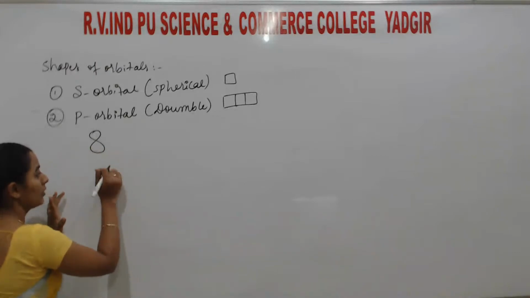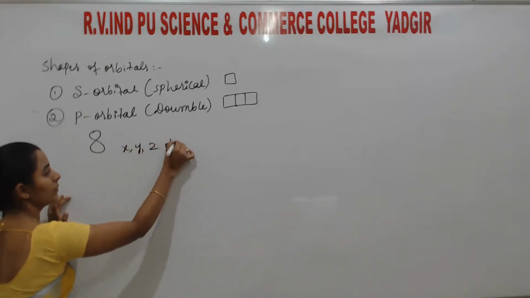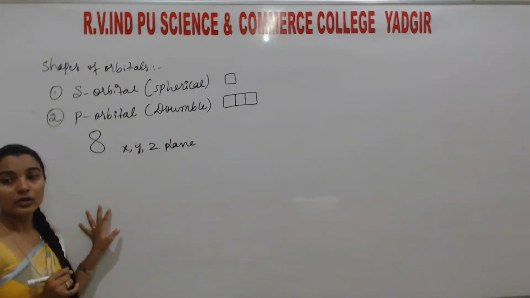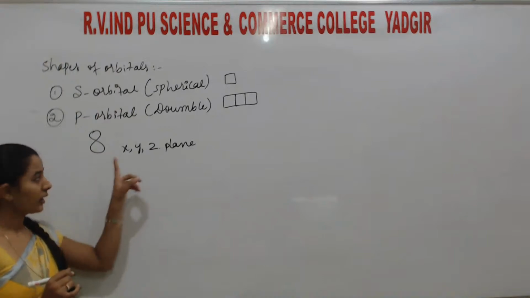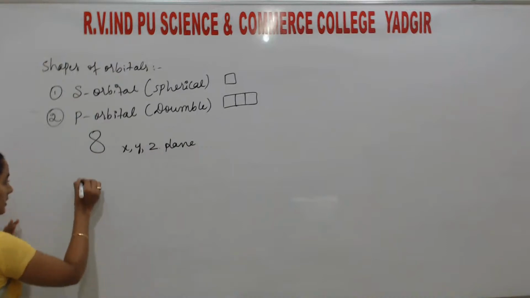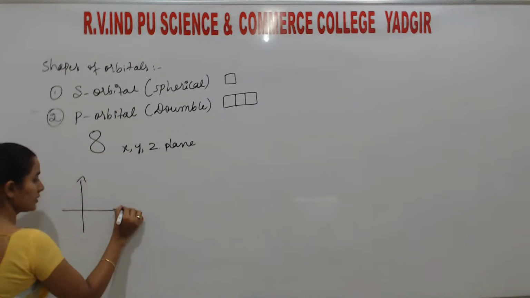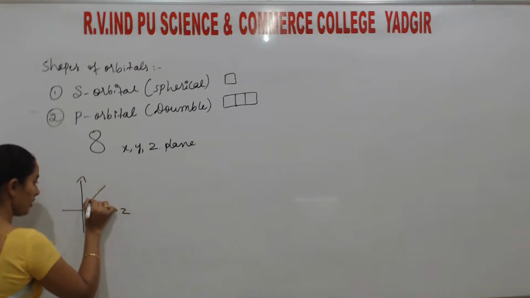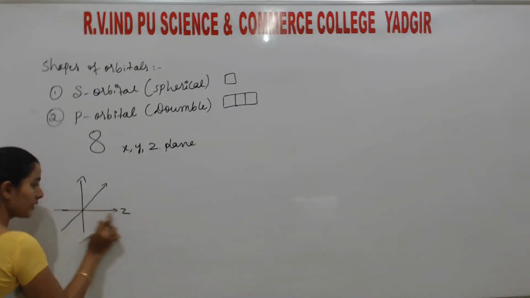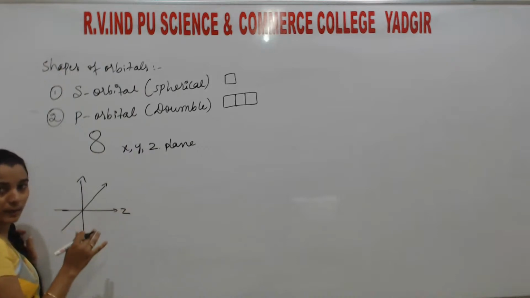so they can be present in the X, Y, and Z planes, and they are perpendicular to each other. X, Y, Z plane. Understood? So I consider three planes here. This is Z. Remember, always take the Z axis in the horizontal manner.